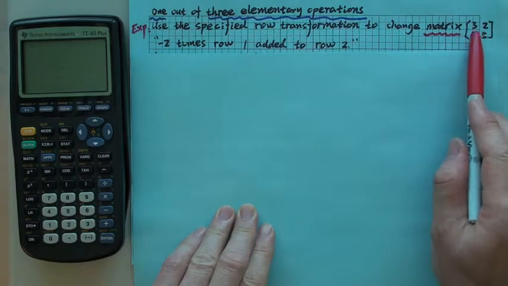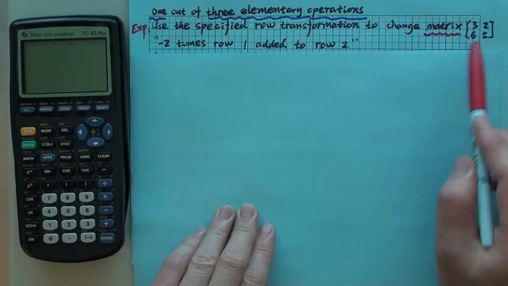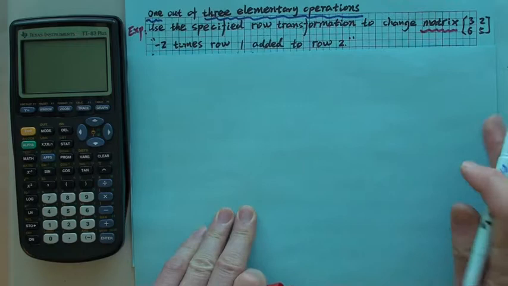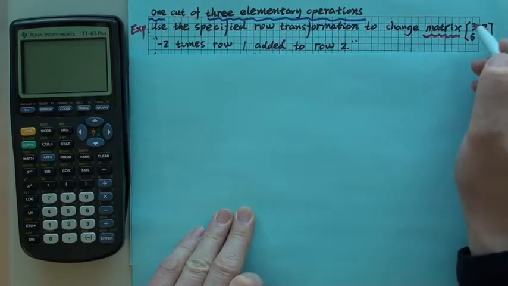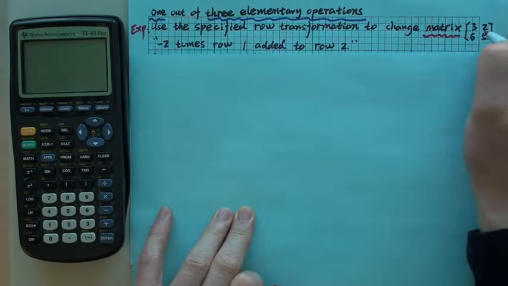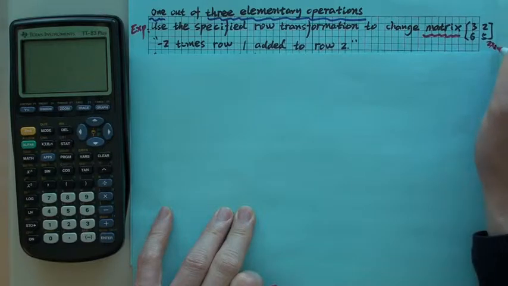This way numbers are organized, and we call this the matrix. It has 2 rows and 2 columns, so you may write 2 times 2.